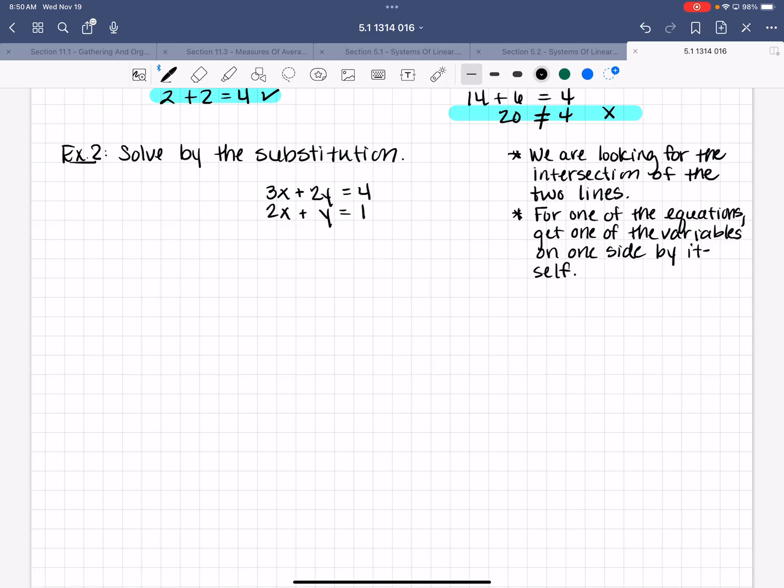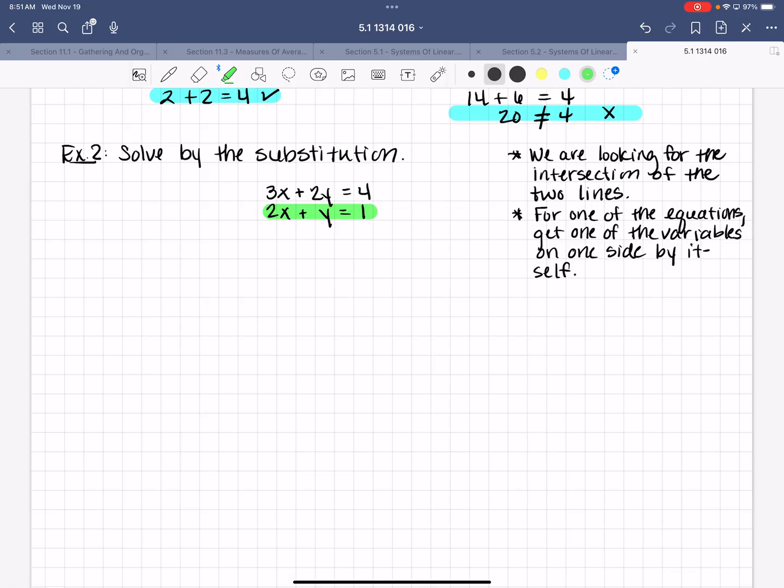It comes from the same principle. So you pick whichever one you think is going to be easiest to solve for either x or for y. When I look at this, I'm thinking this second one is going to be the easiest one to solve for y, okay? Because y is by itself. There's no coefficient in front of it, right? So I'm not going to have any fractions. I'm not going to have to divide anything over. He's positive where he's at.